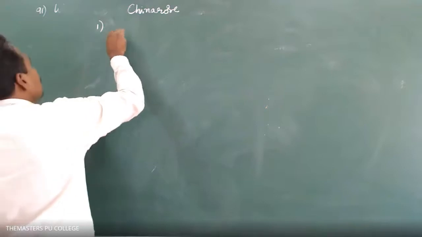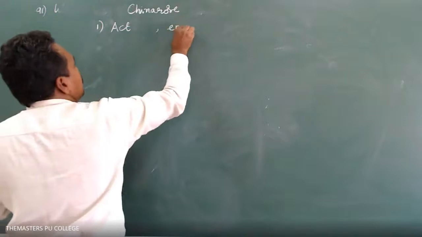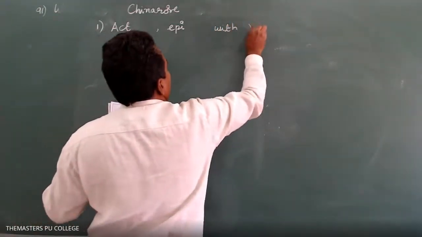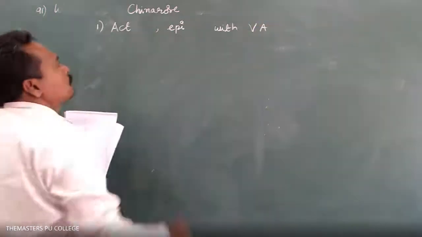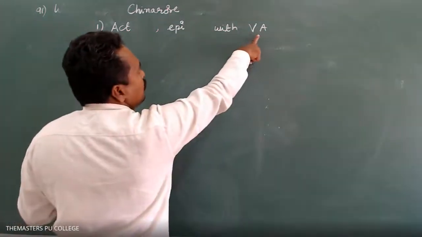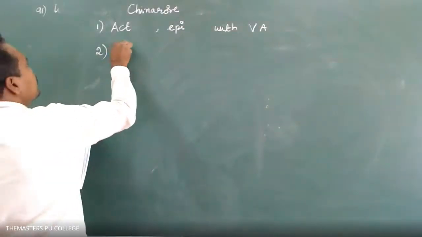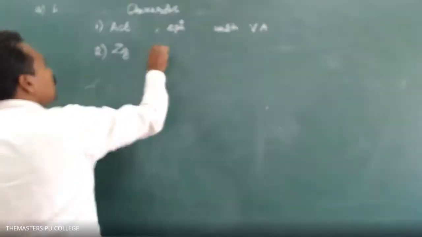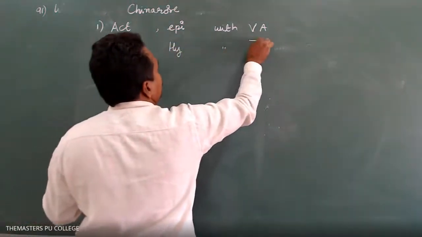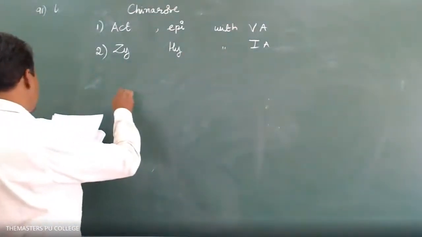The first option is actinomorphic, epigynous with valvate aestivation. Next, second one, zygomorphic, hypogynous with imbricate aestivation. IA, imbricate aestivation, right?